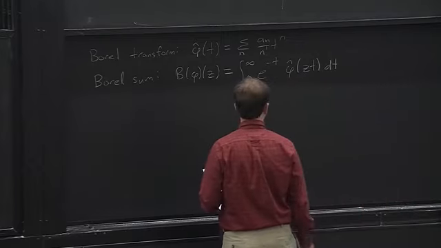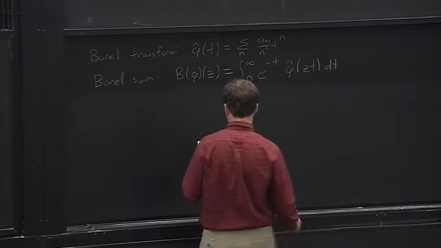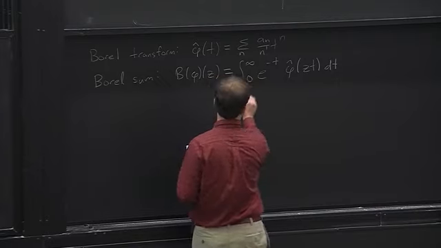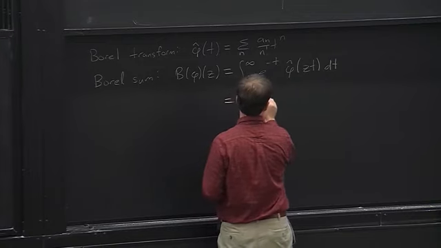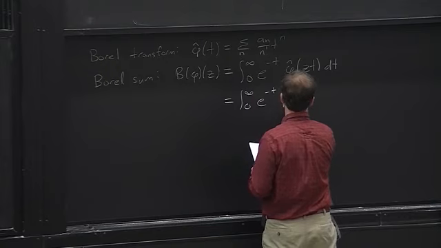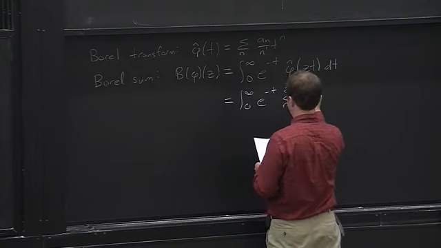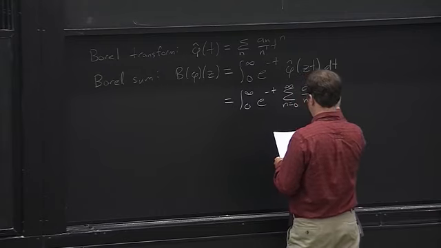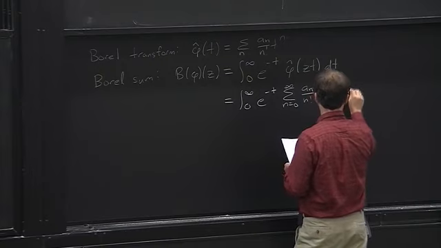So one nice property: we can rewrite this as the integral of e to the minus t times the sum of a_n over n factorial, z to the n, t to the n, dt.